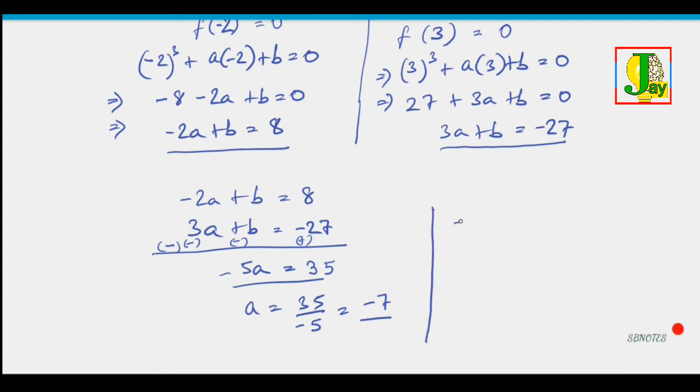So minus 2a plus b equals 8. A is minus 7, so minus 7 into minus 2 is 14, plus b equals 8. So b equals 8 minus 14, minus 6.